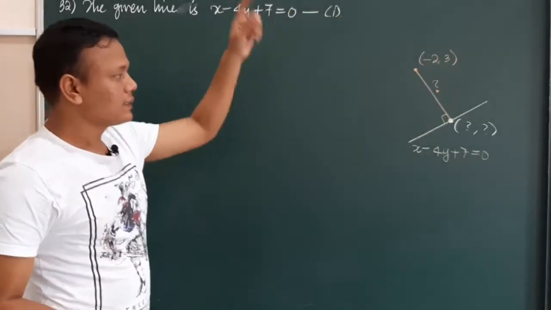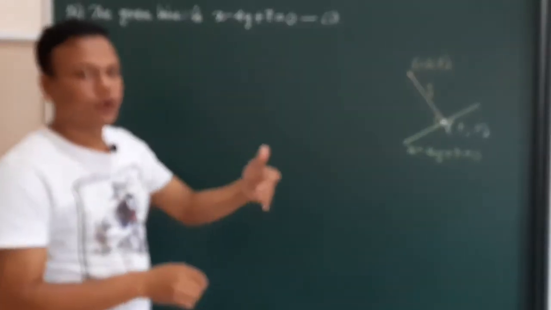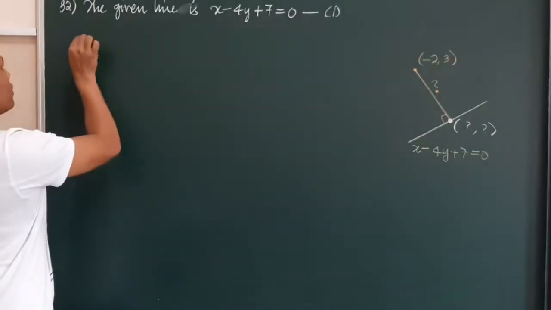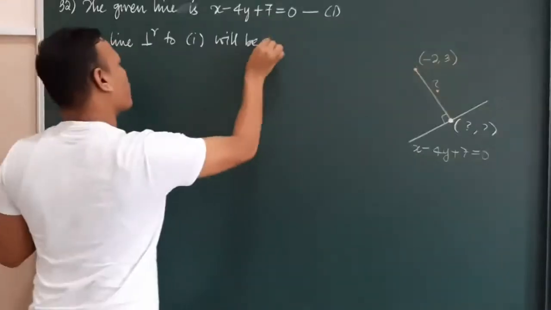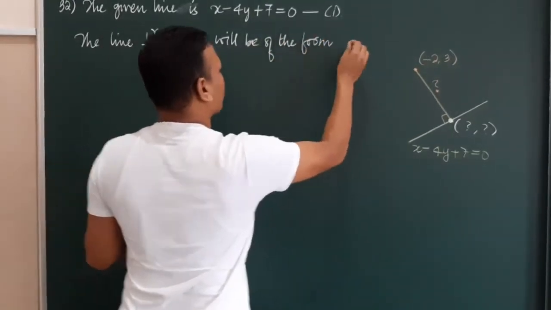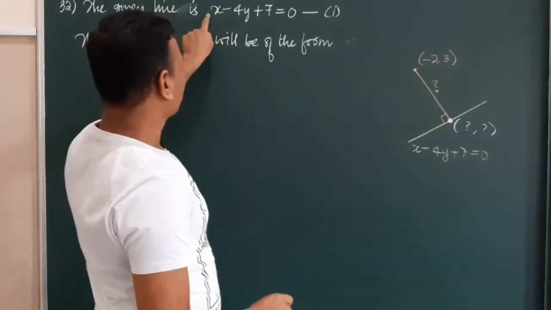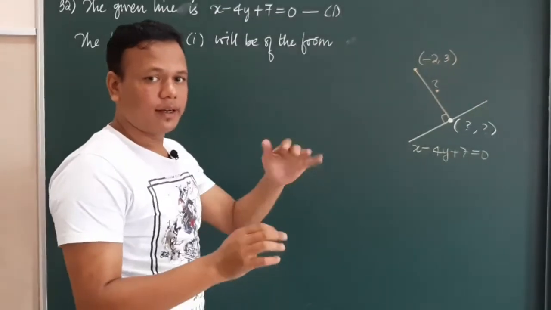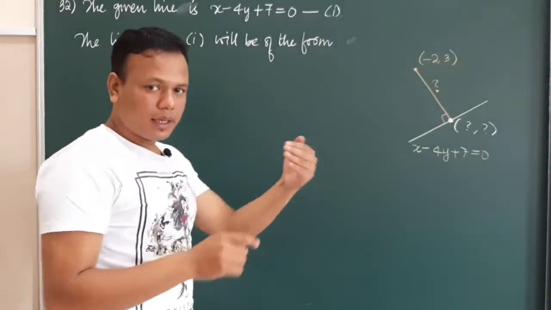Since this line is perpendicular to this, the equation of any line perpendicular to this will be of the form, see, this is my A. So ax plus by plus c equals 0 is given, and the line perpendicular to ax plus by plus c equals 0 will be bx minus ay plus lambda equals 0.